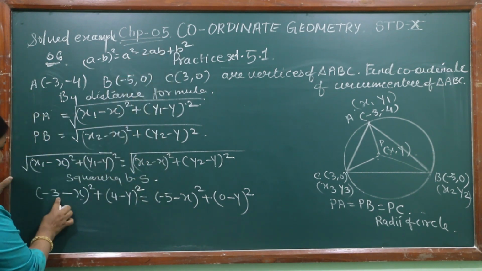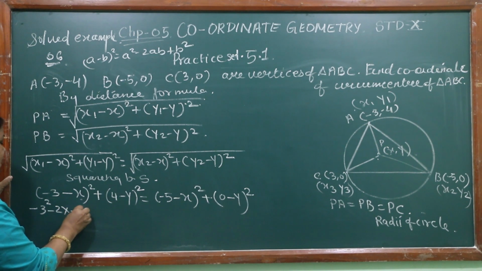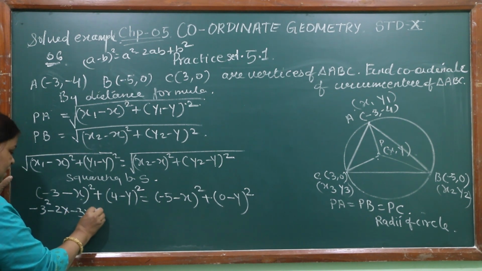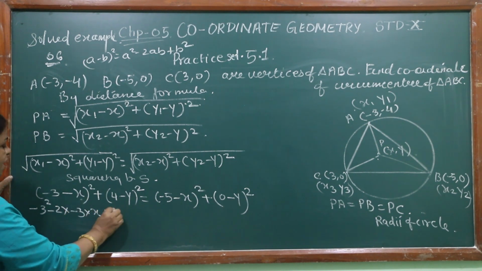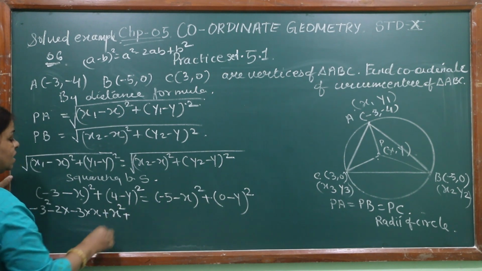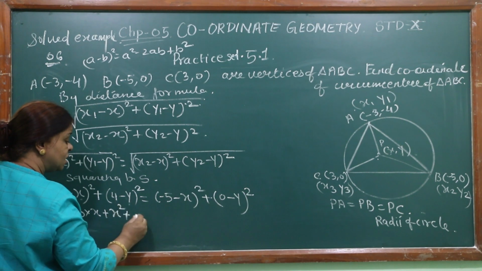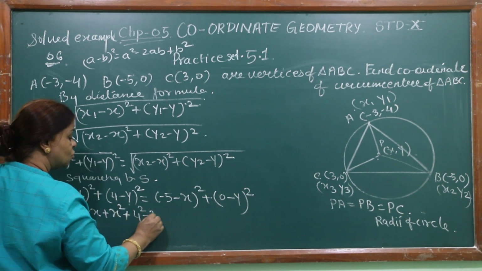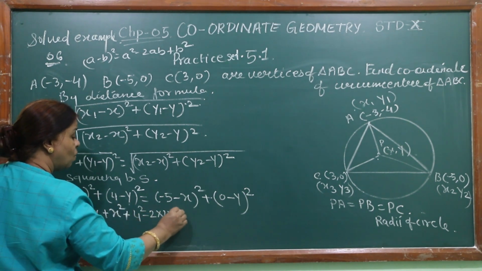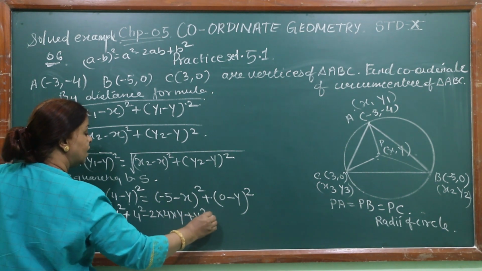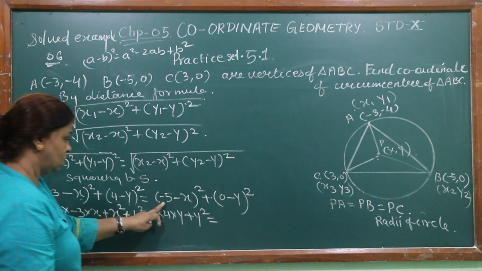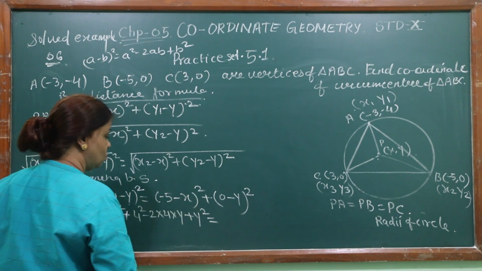A minus b the whole square will be a square minus 2ab plus b square. So a square means minus 3 square, minus 2 into minus 3 into x, plus x square, plus 4 minus y the whole square. Again a minus b: 4 square minus 2 into 4 into y plus y square is equal to minus 5 minus x the whole square.